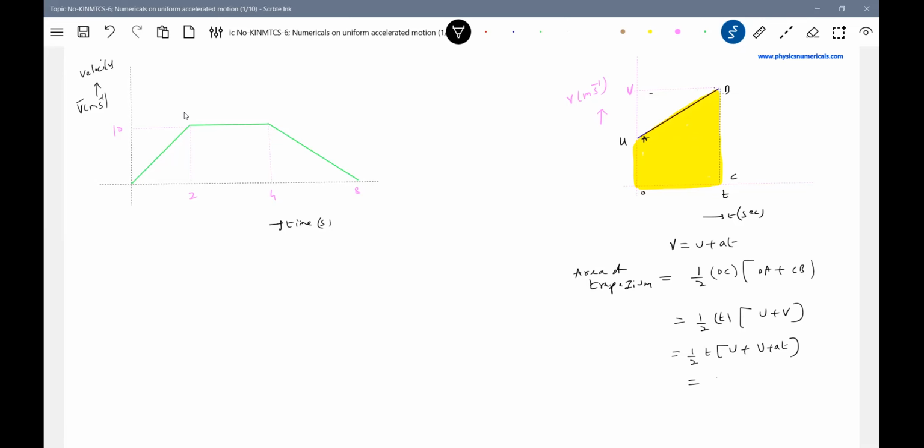So this will become equal to T by 2 into (2U plus AT). So this should be equal to UT plus half AT square. Okay, this is the area of the trapezium.